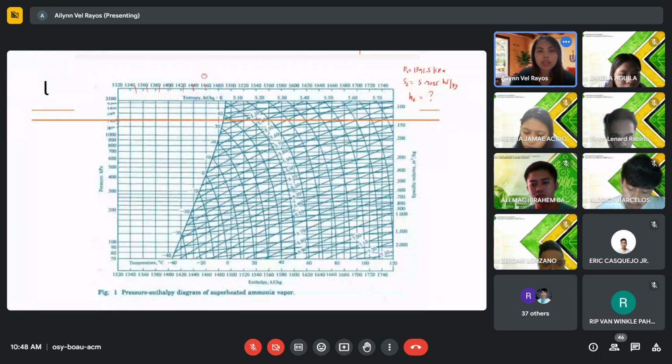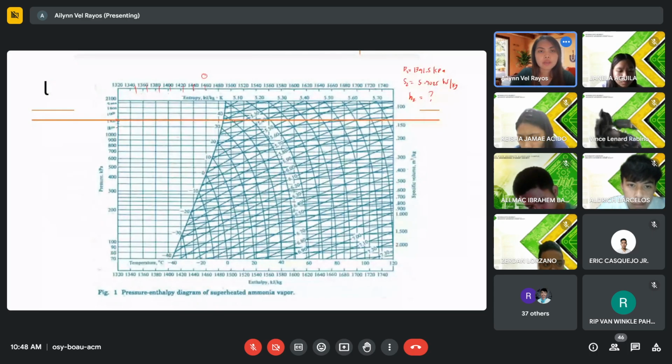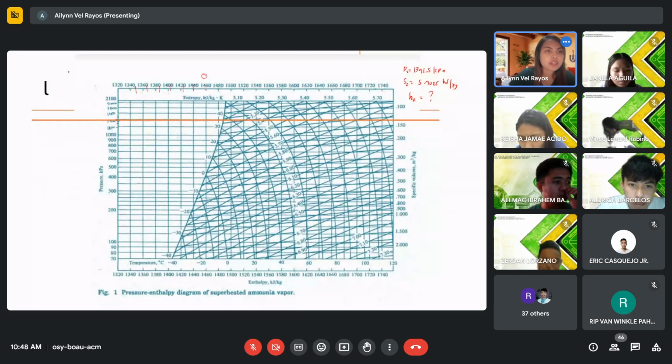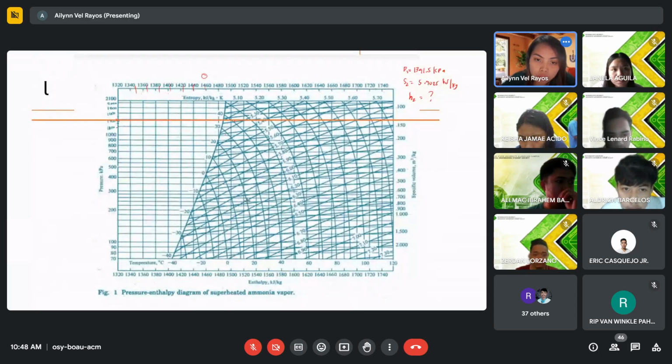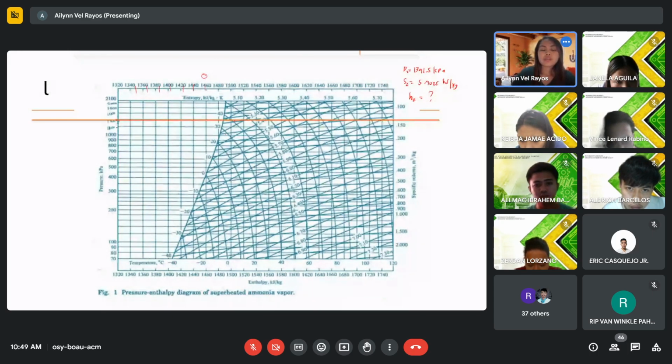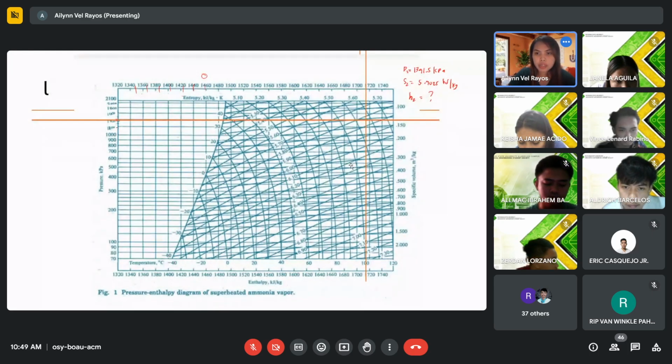Kung lilinyahan natin yung enthalpy natin, ayan.